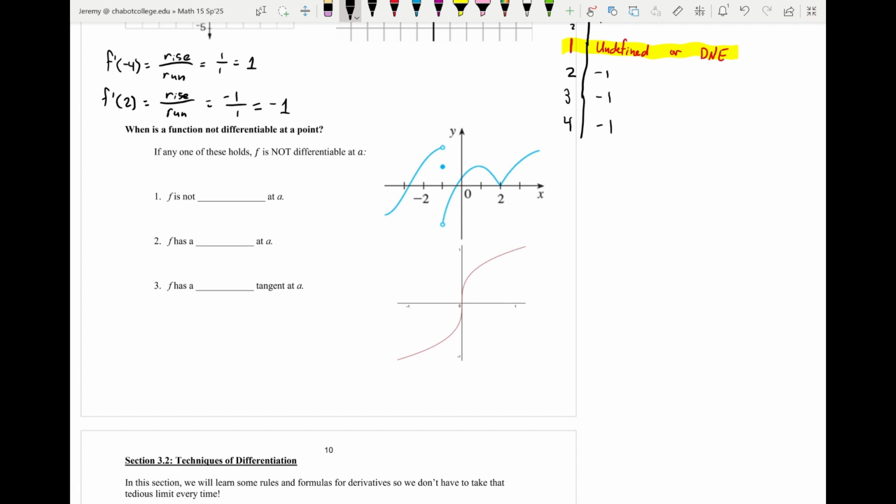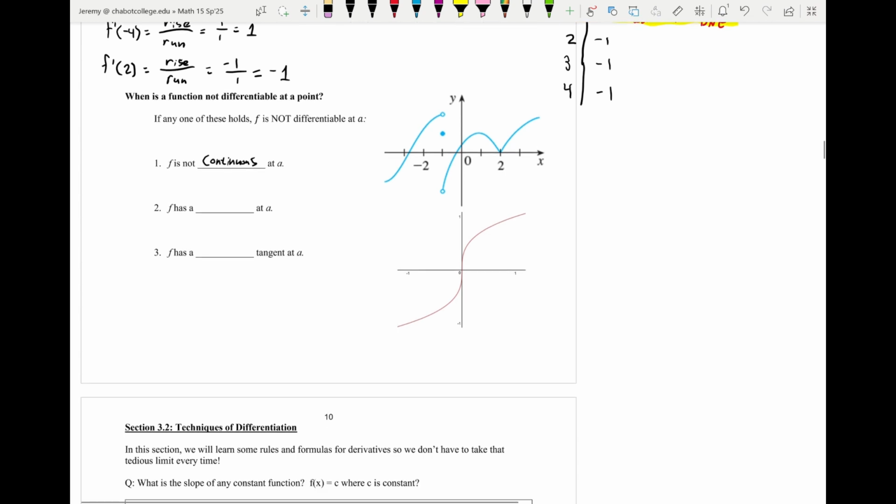First, if f is not continuous at a, it will not be differentiable there. Looking at this first picture, at this point there is a discontinuity. I cannot draw the curve across x equals -1 without picking up my pen. So it's not continuous, therefore it's not differentiable.